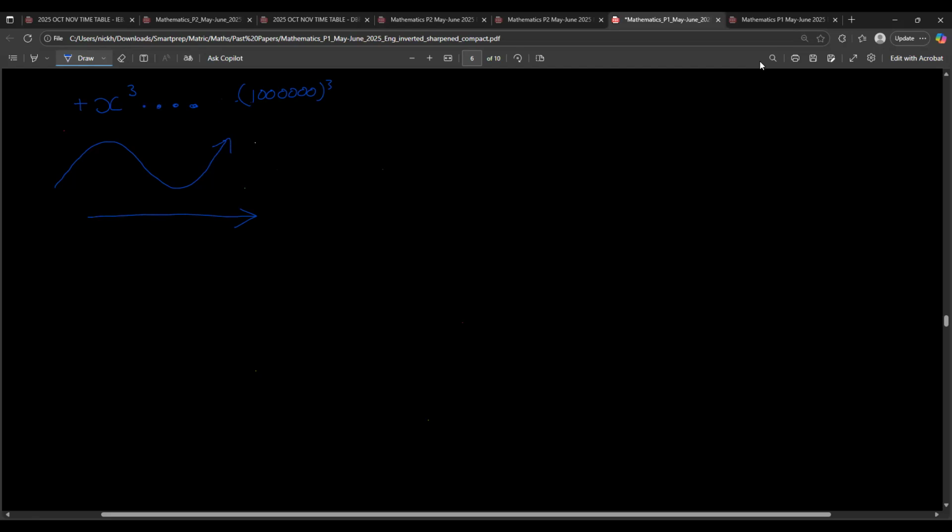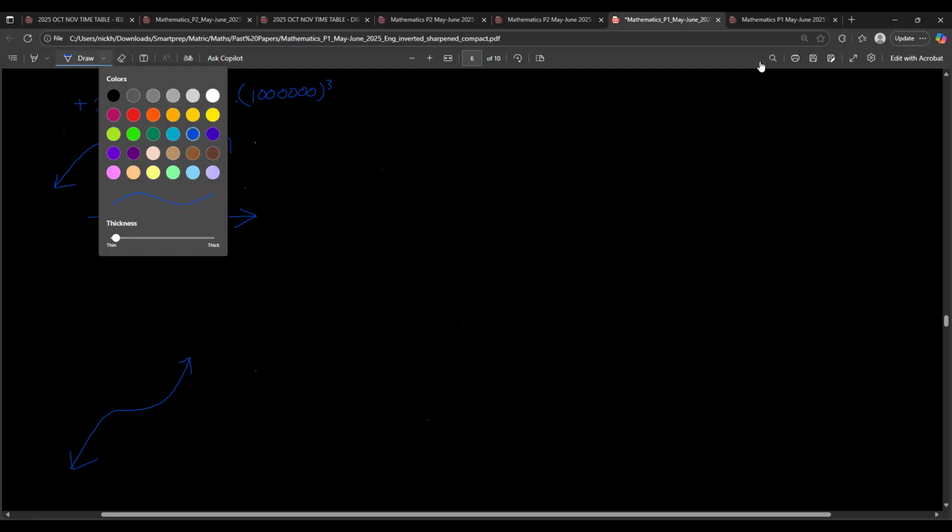So when you get a positive x cubed graph, it's going to look like this. Now, there is also a case where it looks like this, down here. I'm going to show you how you know this.